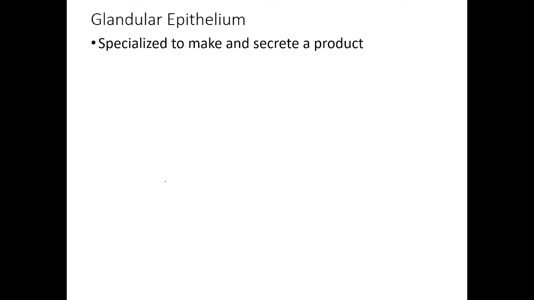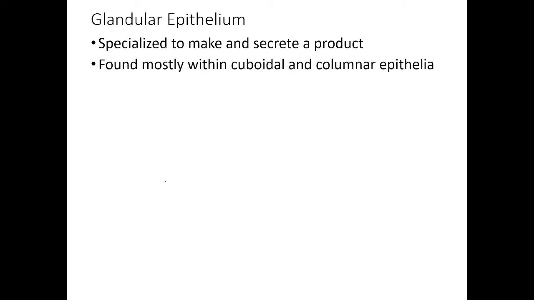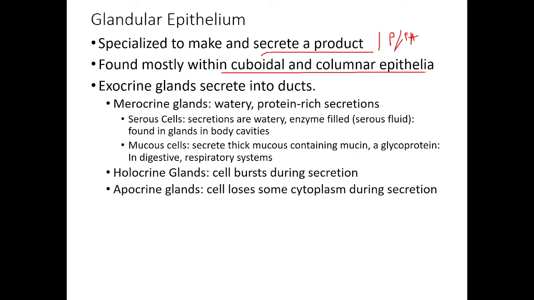The next one is glandular epithelium. These glandular epithelium cells are specialized to make and secrete a product. Product in terms of protein or product in terms of fatty acids. They are mostly found within the cuboidal and columnar epithelium cells.